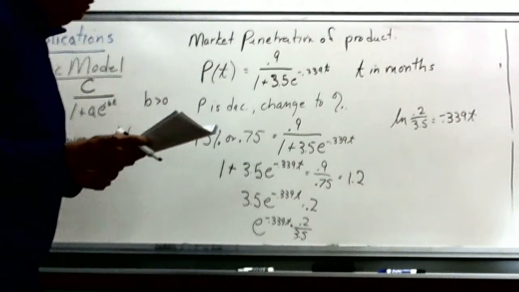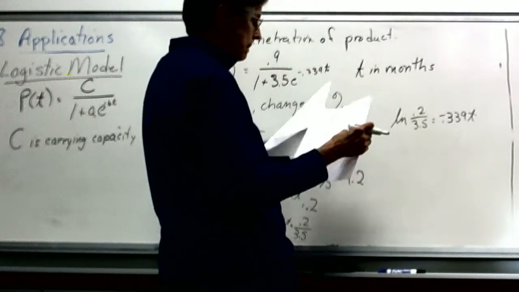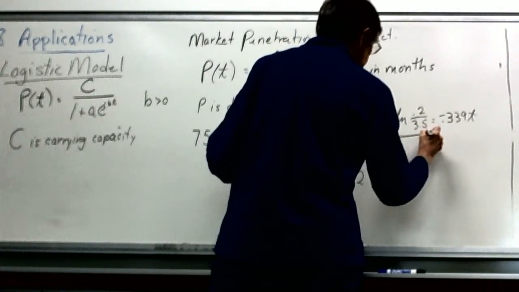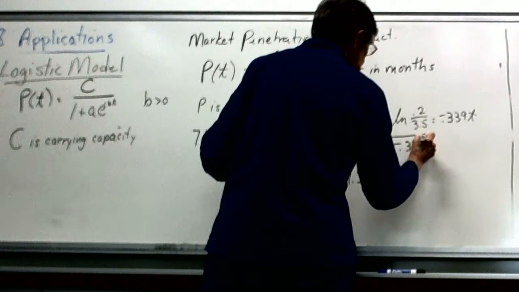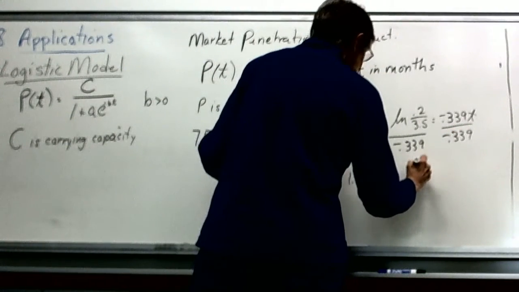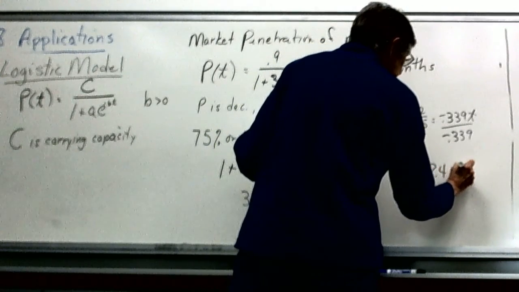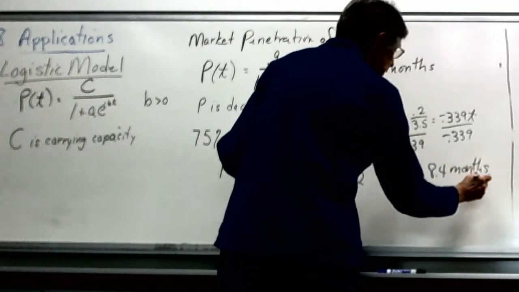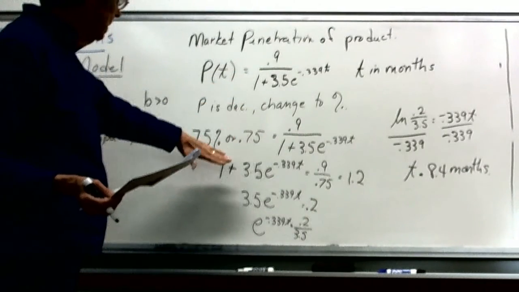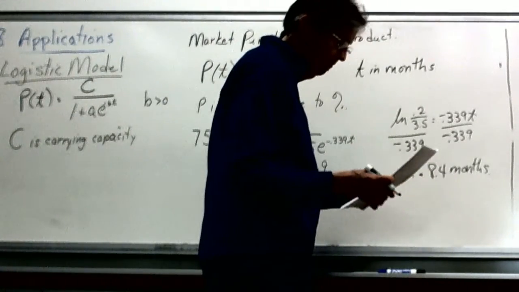And dividing by the coefficient of t gives us a time, which is approximately, dividing by 0.339, gives us a decimal of approximately 8.4 months. So the market penetration of this particular product that we're selling is going to be 75%, okay, in approximately 8.4 months.